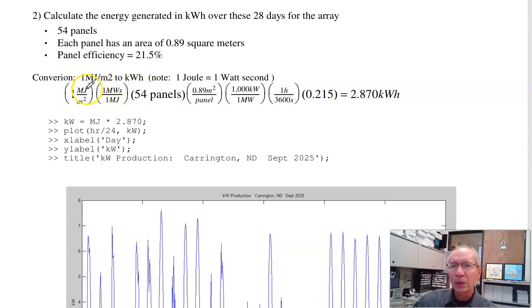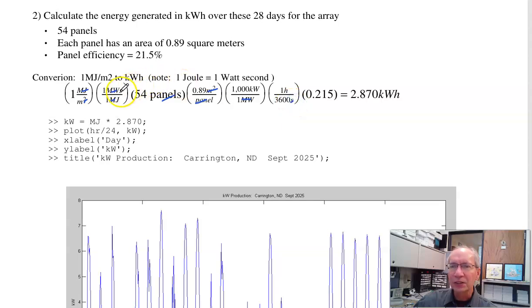So here, 1 megajoule is 1 million watt seconds, so the megajoules cancel. I've got 54 panels, 0.89 square meters per panel. Panels cancel. The square meters now cancel. I've got 1,000 kilowatts per megawatt. The megawatts cancel. I've got 3,600 seconds per hour.